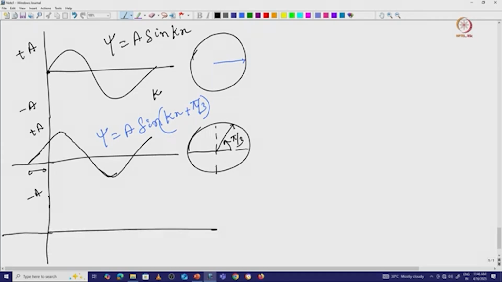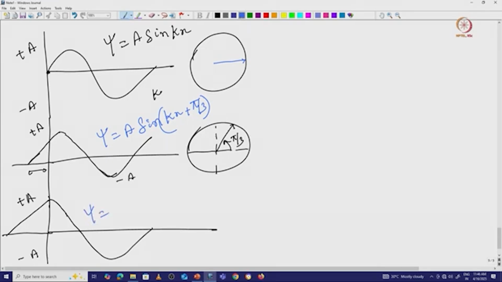Then next one, again there will be a change. So, this will be your up wave. Again, this will be plus A and this will be minus A, and we want to plot this one. Here you can see a total 90-degree phase difference.